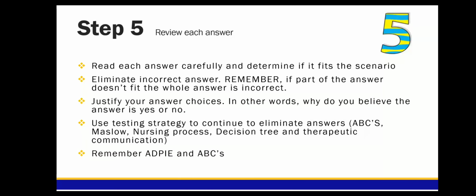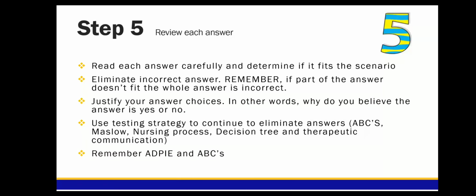Now, use testing strategies. If you're not familiar with our testing strategies, we have a webinar where we talk about the decision tree and other testing strategies. You've been introduced to these during your phase 1 and phase 2. Those are your ABCs, Maslow, nursing process, the decision tree, and of course, therapeutic communication.